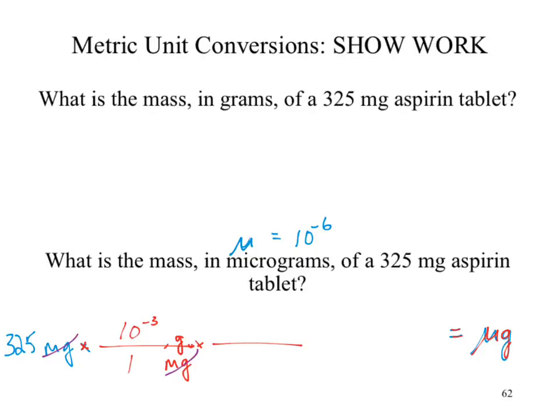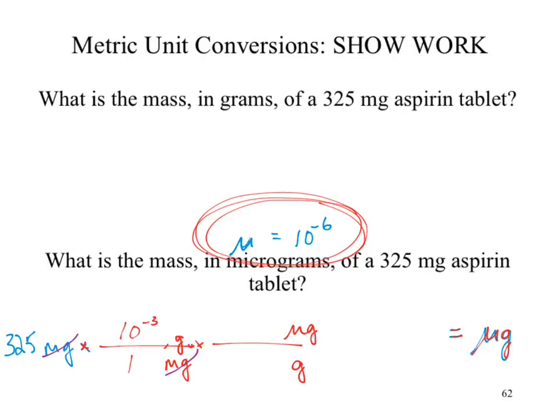What needs to show up in my next conversion? Grams needs to show up in the denominator, so the unit cancels. What needs to show up in the numerator? Micrograms. Do I have a conversion factor that relates micrograms to grams? Yes. Micro represents 10 to the negative 6.